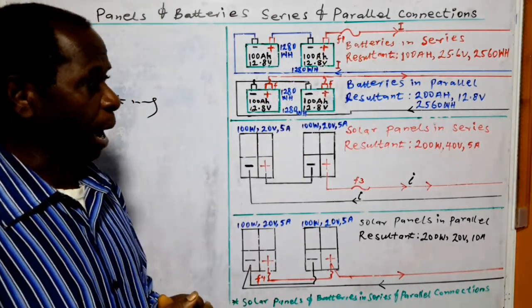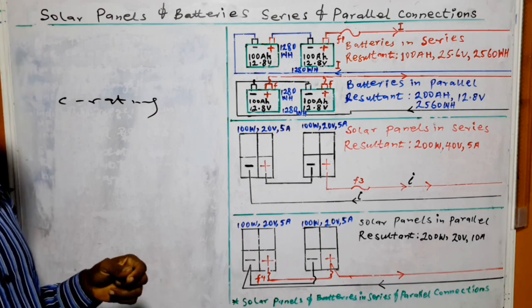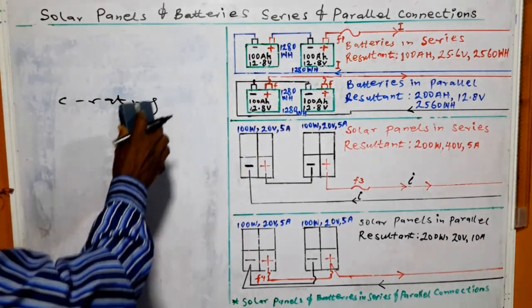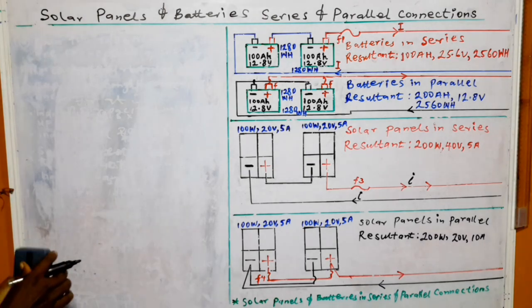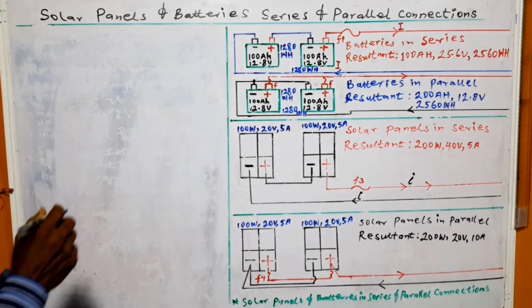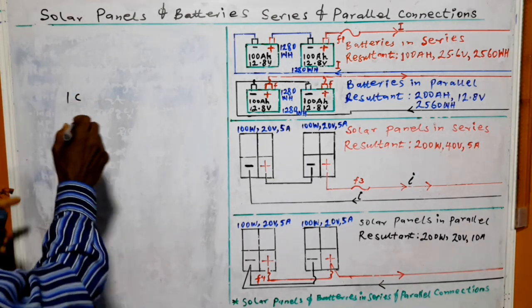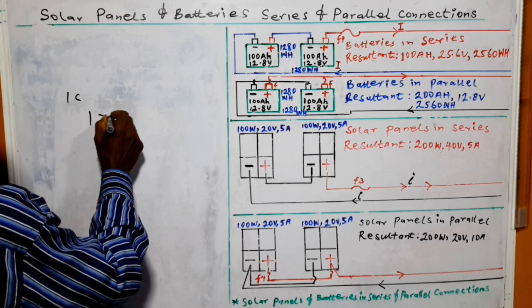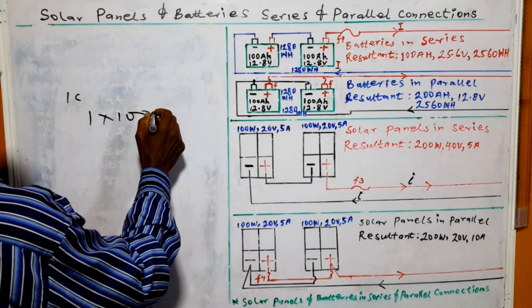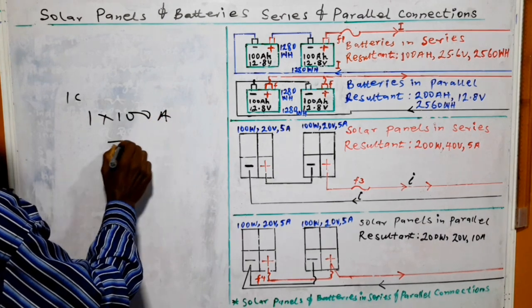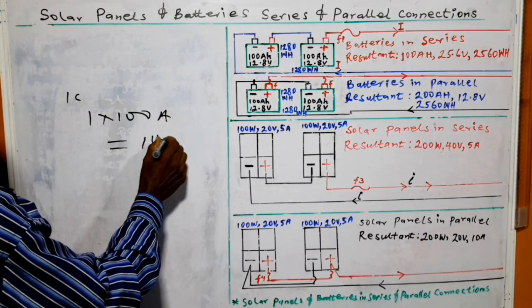For instance, if the batteries are lithium-ion batteries and each of them has a C rating of 1C, so 1 times 100 ampere will give you 100 ampere.